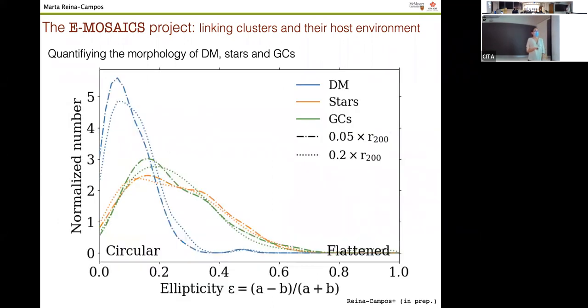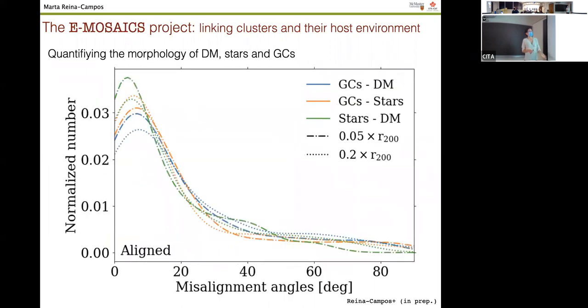When we start looking at the ellipticity, we see that especially in the inner part of the halo, our dark matter structures seem to be very circular, and then globular clusters seem to be a bit more elliptical, and then the stars. I think this is fairly in agreement with what I would expect, so I'm not too surprised by this.